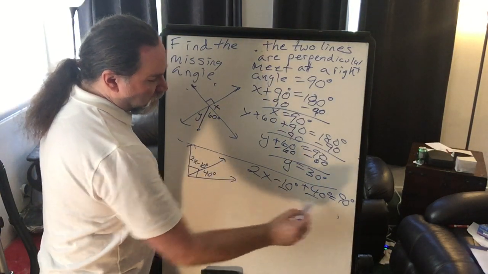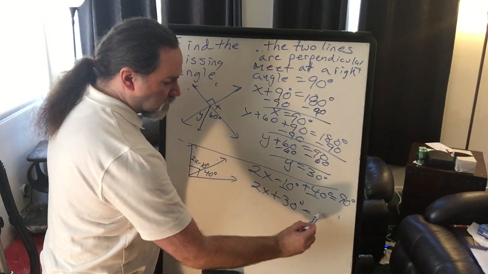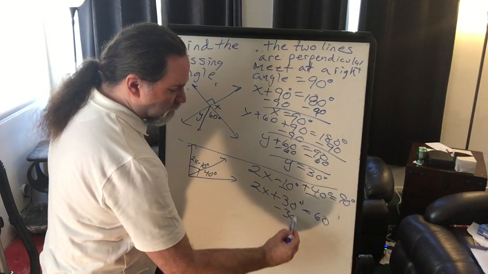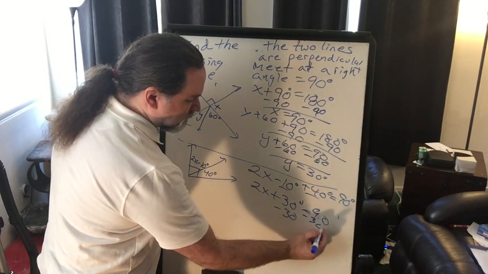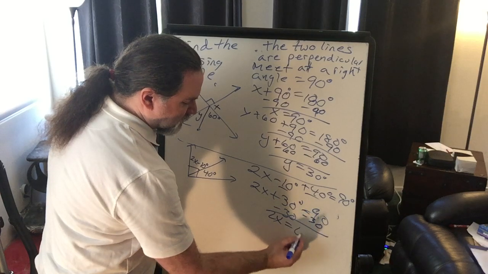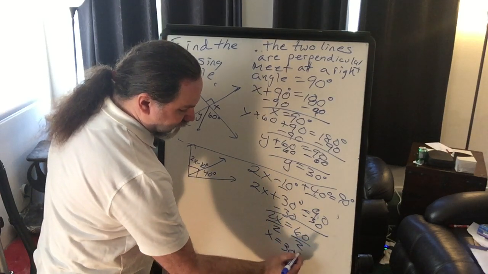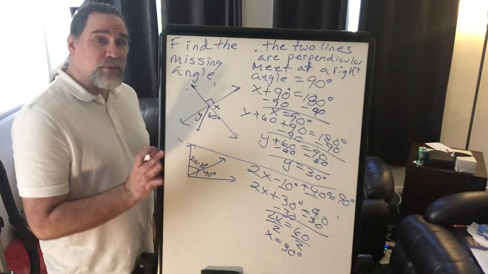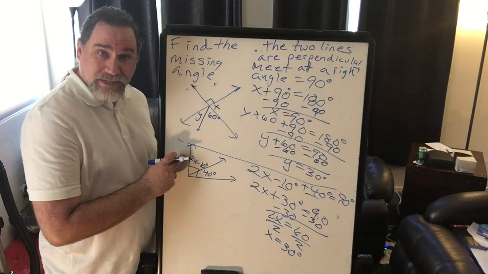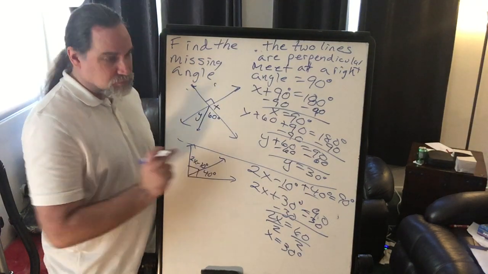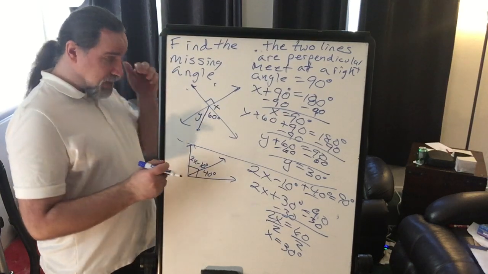So negative 10 and 40 would be positive 30, and we subtract that from the 90, 2x equaling 60, and divide by 2, and x would have to be 30 degrees. x would have to be 30 degrees to make that, 2 times 30 would be 60, minus 10 would be 50. 50 degrees plus 40 degrees would in fact equal the 90-degree right angle that we have there.